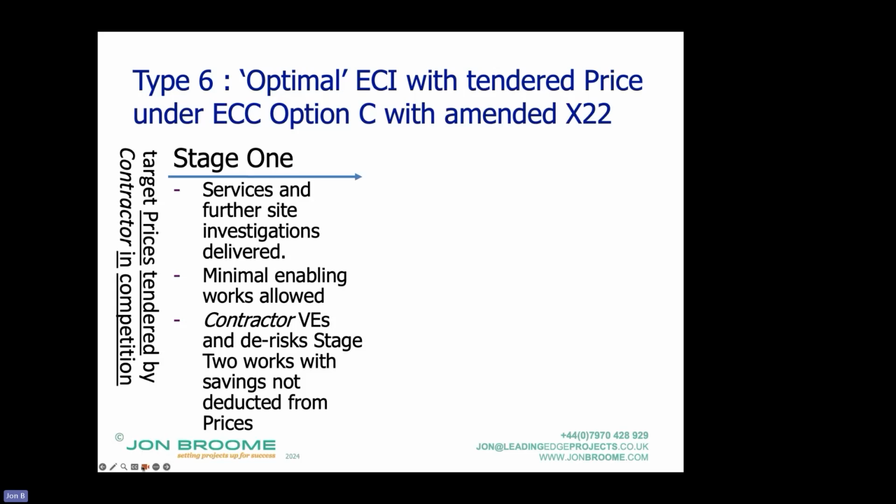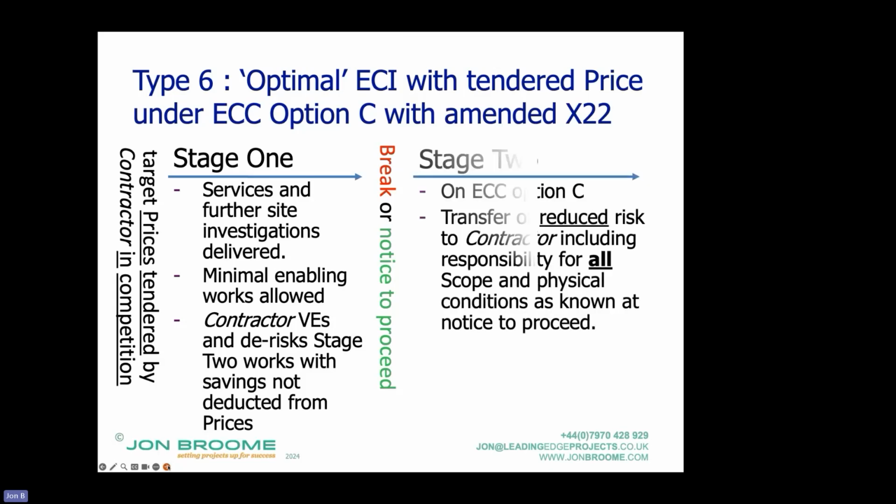But when you go into stage 2, there's a lot of risk transfer onto the contractor. They take all responsibility not just for the design they've done, but the client's design. If the client changes that, that's a compensation event.